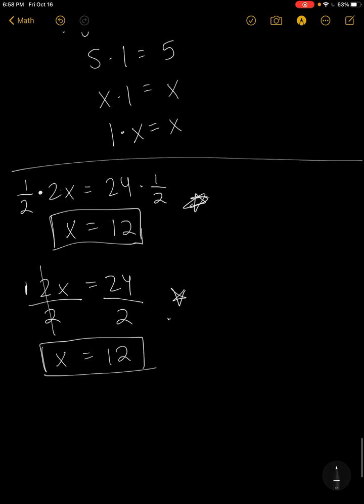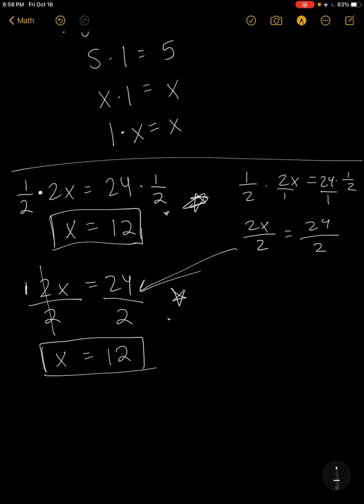This is technically actually the exact same thing as up here. It's just kind of a different way of looking at it, because if you wrote this out, right, and then we multiplied it out, so then we get 1 times 2x is 2x over 2. 24 times 1 is 24 over 2.